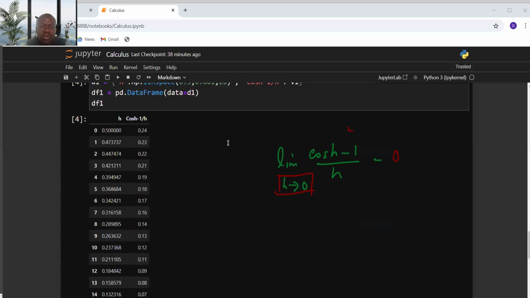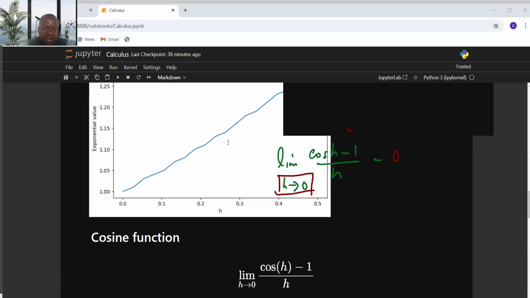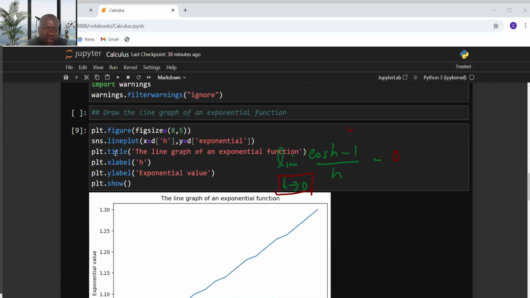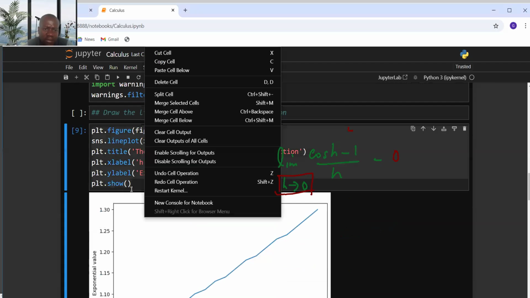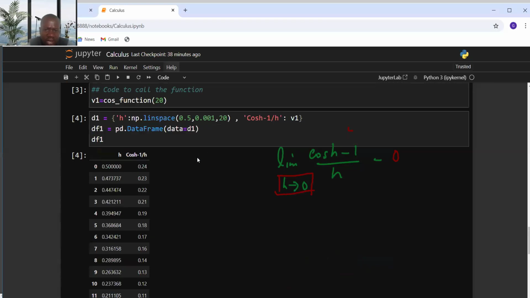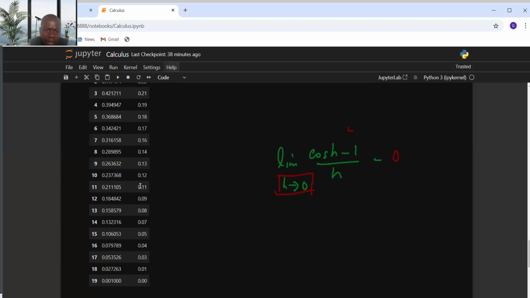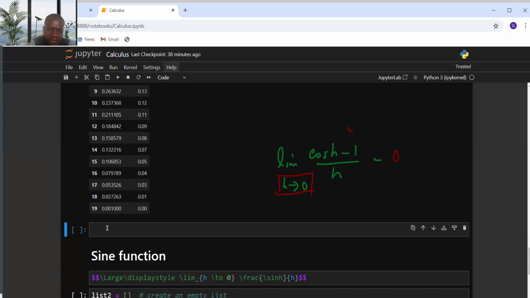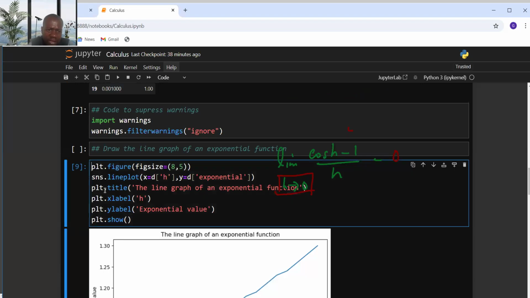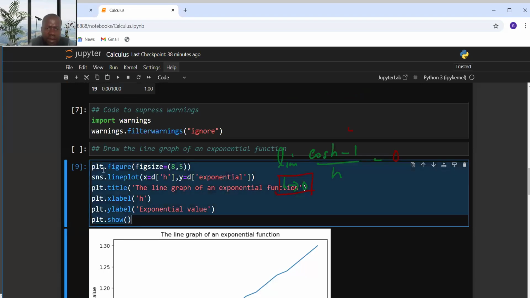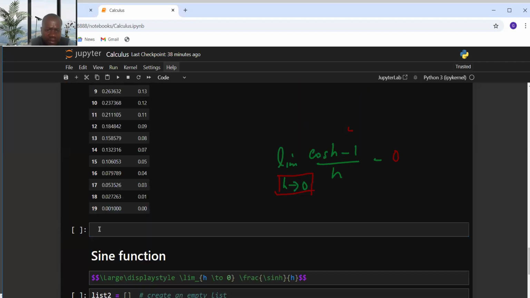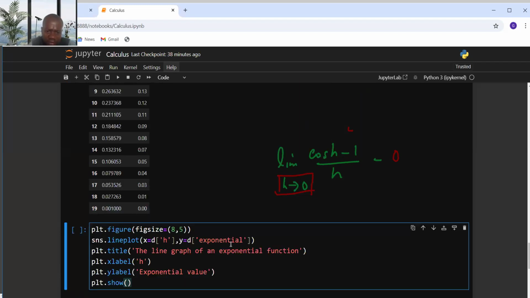We can even compute this graphically. Let me just copy the function here so that I can display it there. I wanted to display this graphically, ladies and gentlemen. Let me paste it there. Okay, so it means I did not copy it. So I want to copy the function. Right, then now there it is. It will not be an exponential.